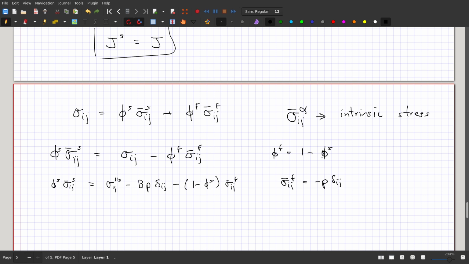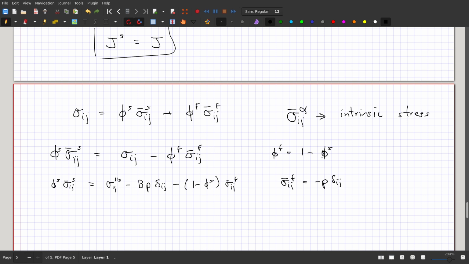And just based on the definitions we've been using, the value of P is positive in compression, right? So then for the total stress, we have to put a negative out there, because we're about to use a constitutive model, and everything else we've done with the traction vector on the skeleton and all that is positive in tension, right?